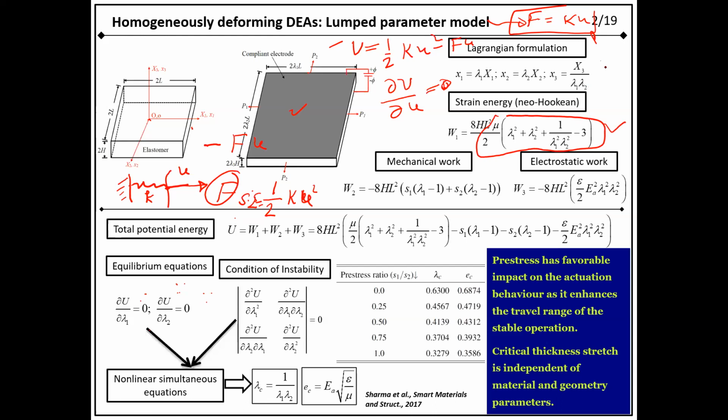Lambda 3 is nothing but 1 upon lambda 1 lambda 2, because we have the relationship lambda 1 lambda 2 lambda 3 is equal to 1. So by using this expression we can obtain lambda 3 as 1 upon lambda 1 lambda 2. So this is the strain energy.